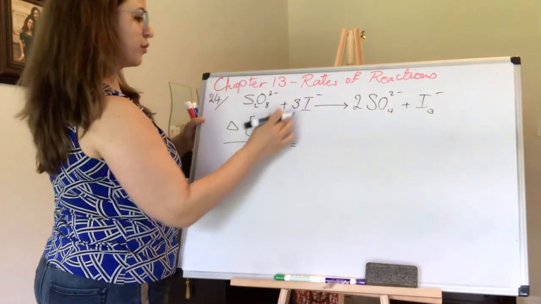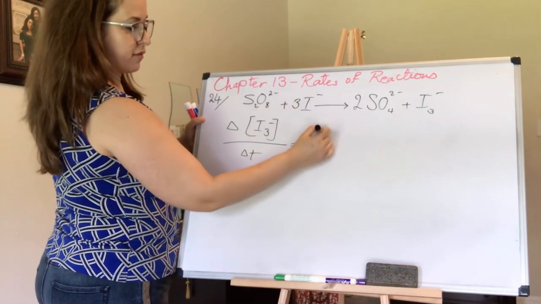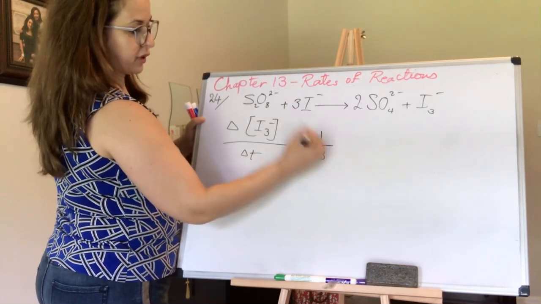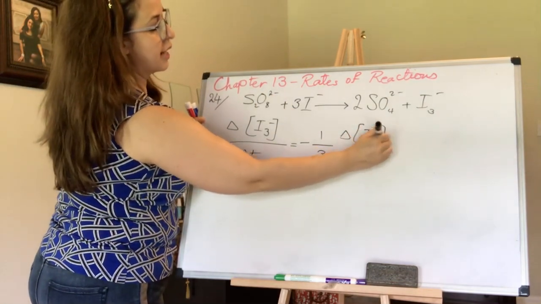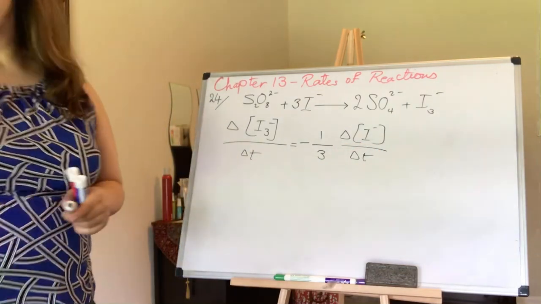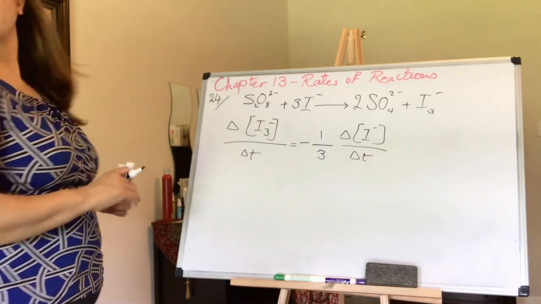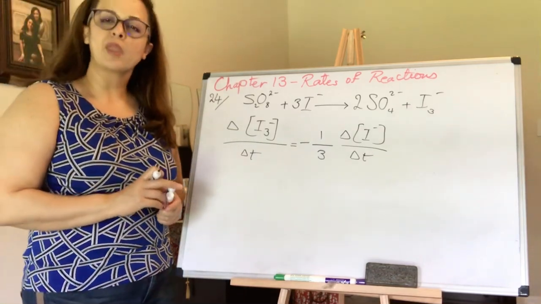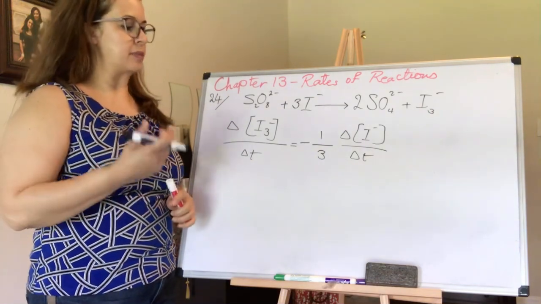It's a reactant, so first of all we have a negative sign, and then the inverse of the stoichiometric coefficient, and then delta iodide over delta time. Now, if you have any numerical values, you can easily plug them in.